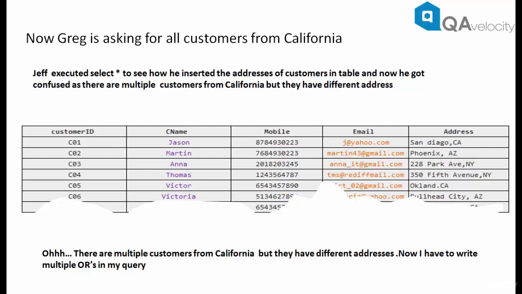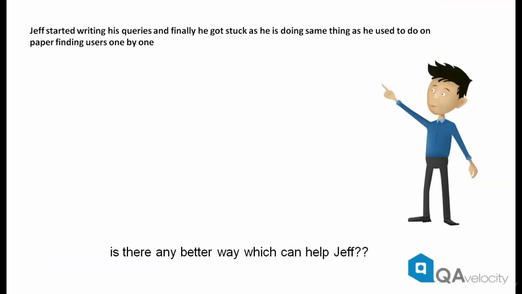Second customer Victor lives in Auckland, which is also in California. If you go deep in the table, there are multiple customers who live in different cities of California.